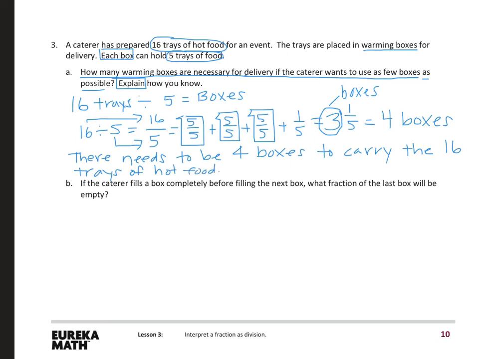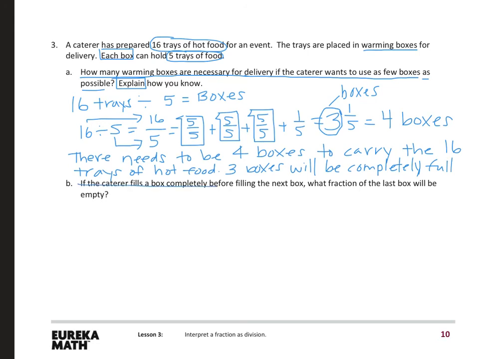Now let's go a little bit farther and explain. 3 boxes will be completely full.